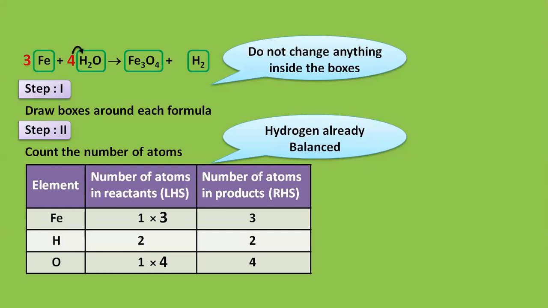I have multiplied it by 4, so 4 multiplied by 2 is how much now? 4 multiplied by 2 is 8. Because we were trying to multiply oxygen, my hydrogen got imbalanced. So H on the left hand side has now become 8. So can you make H on the right hand side 8? Tell me how many of you are able to do it.